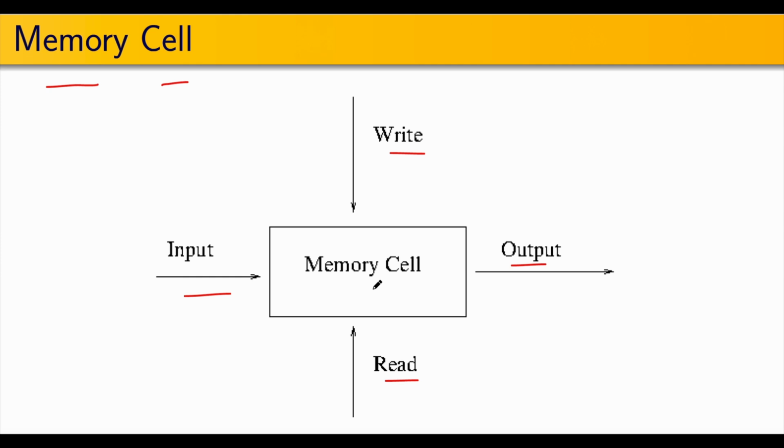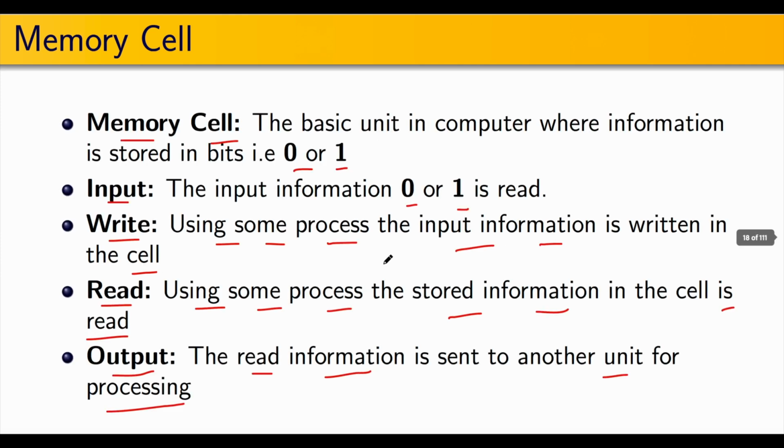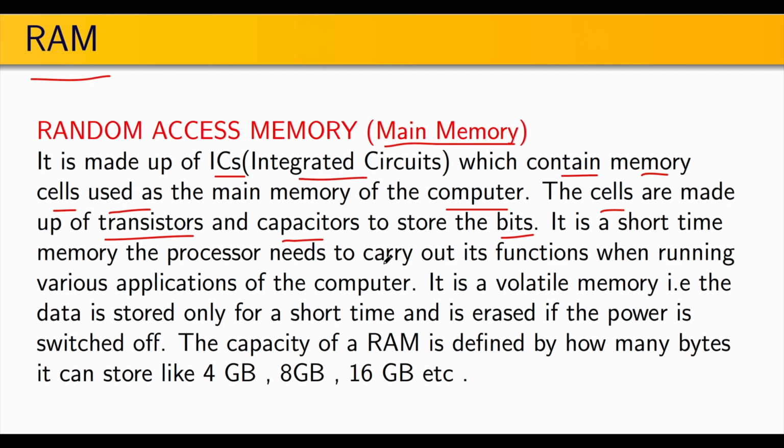For other types of electronic units, it may be made of something else. But for RAM, it is made up of transistors and capacitors. It is a short time memory.